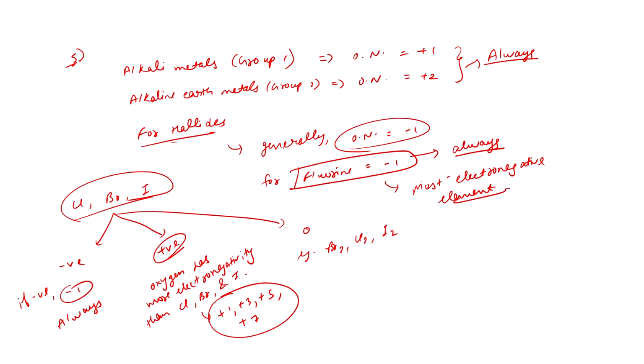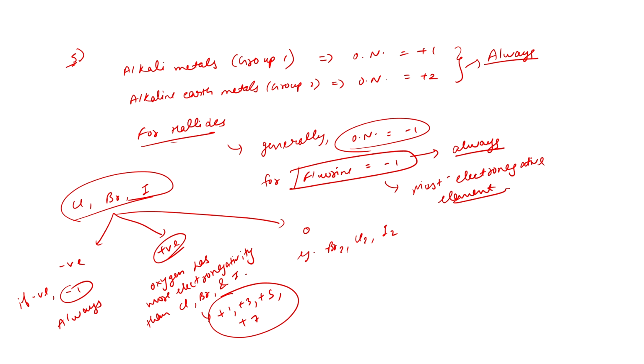So, the oxidation states can be +1, +3, +5, +7, depending on how many oxygens and in what form the oxygen has been attached. That means, whether it is attached as oxide, peroxide or superoxide. That I will discuss in the upcoming slides, how we will calculate the oxidation number for any element in any compound, right.